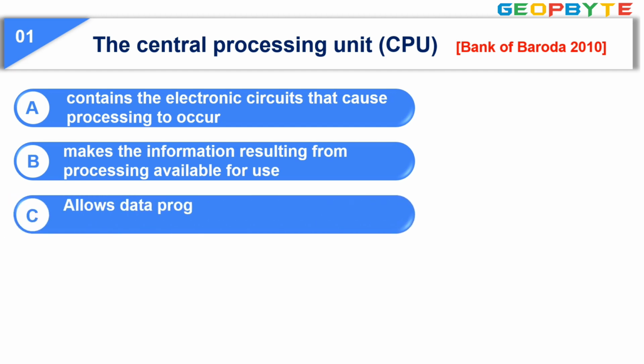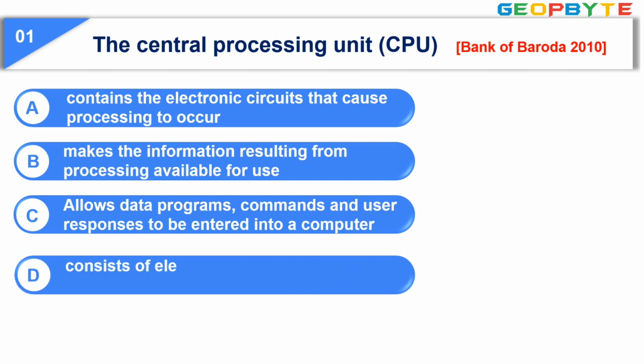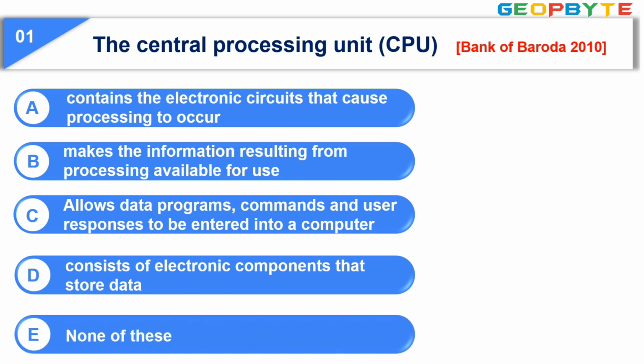Option C allows data, programs, commands, and user responses to be entered into a computer. Option D consists of electronic components that store data. Option E none of these. And the correct answer is option B, makes the information resulting from processing available for use.